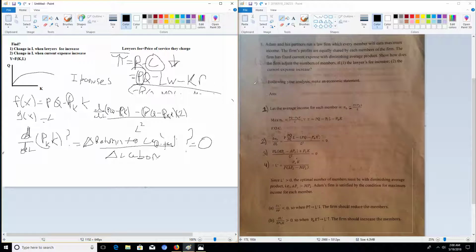Because if you've ever seen a production function, there's rarely a situation where y equals k times L, where k equals some constant of L. I've never seen that before in my life.